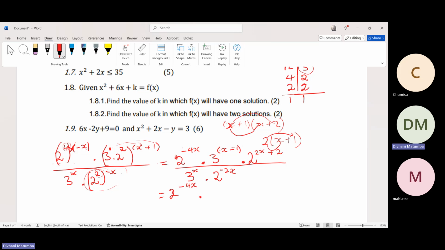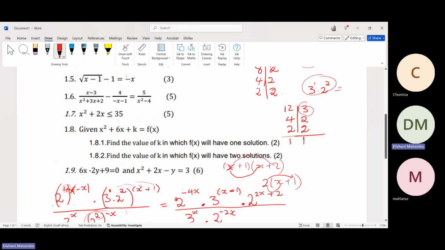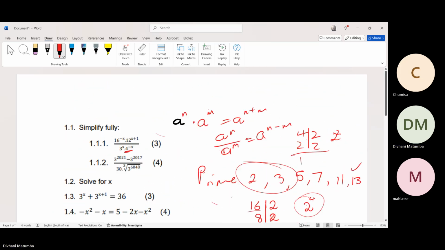So do you agree that according to the laws of exponents, which we have done right here, we are actually reversing? This is the expression we have, so we have to take it back. Do you agree? Yes, sir.